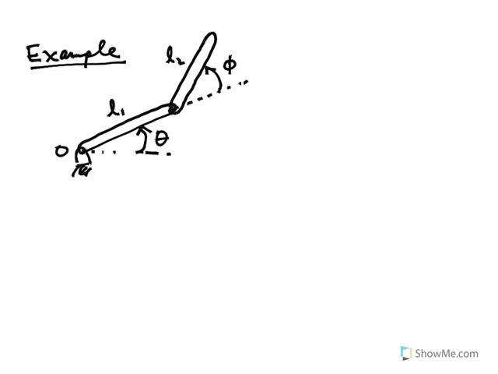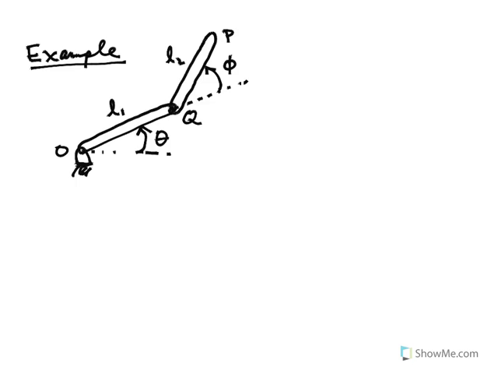We'll call the point where the first arm is hinged O. We'll call the hinge point between the two arms Q, and we'll call the end of the second arm P. Now, in order to solve this problem, I can see that there are two rotations.